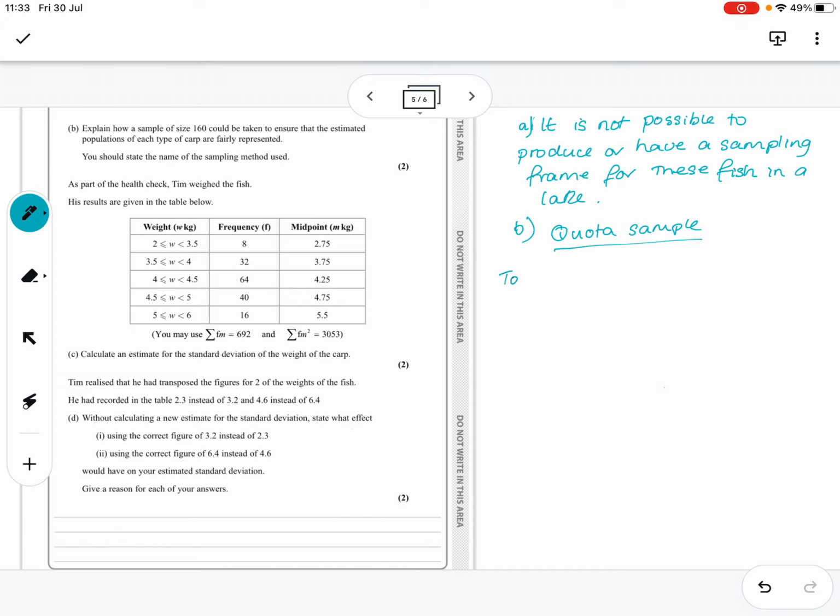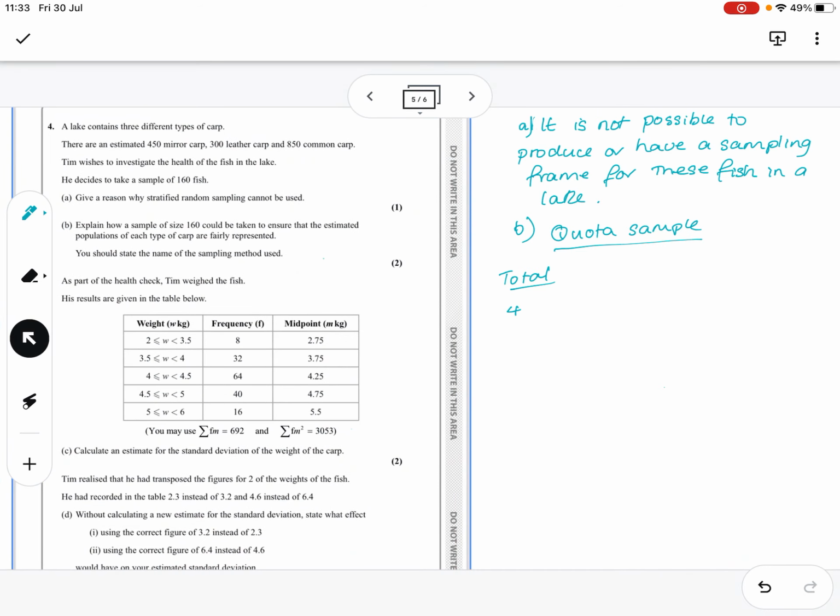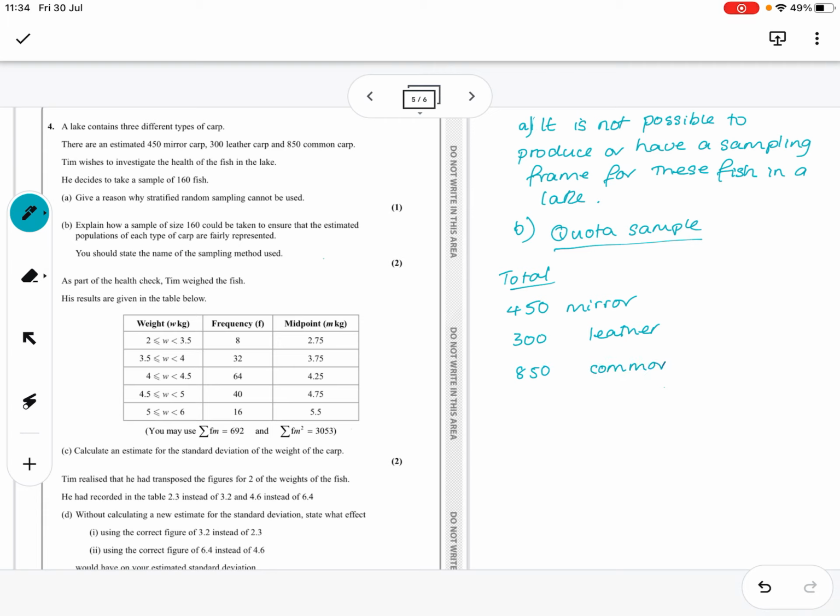So in total, you've got 450 mirror carp, 300 leather carp, never heard of any of this, 850 common carp.